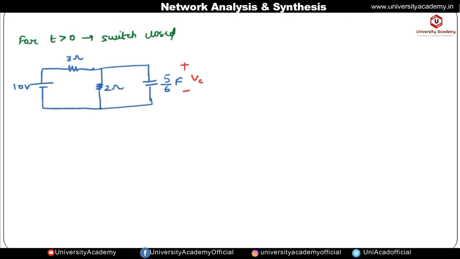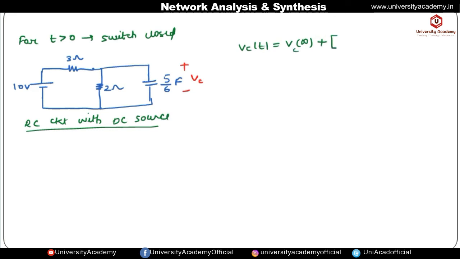So this is an RC circuit with a DC source. We know the formula to find the voltage across the capacitor: Vc(t) is equal to Vc(infinity) plus [Vc(0 positive) minus Vc(infinity)] into e to the power minus t by tau. Under the steady state, this capacitor will become an open circuit.